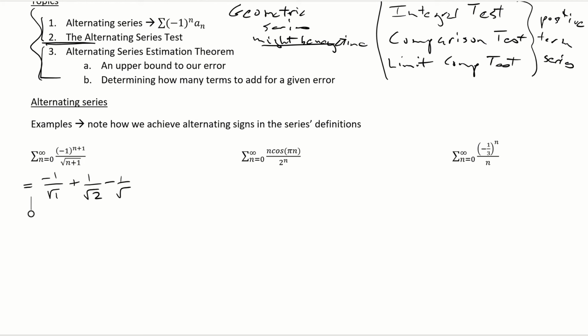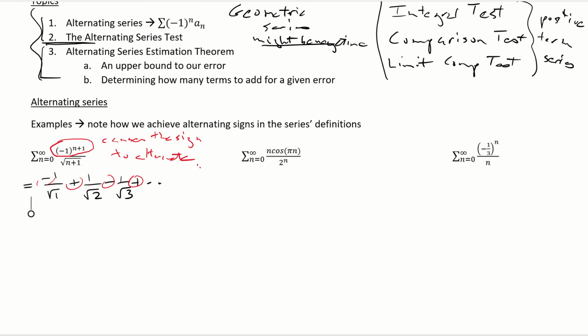Minus 1 over the square root of 3, plus, see how it alternates? The reason it alternates is pretty easy to see. It's the minus 1 to a power that causes the sign to alternate. Okay, that's what it looks like. So there's a negative in this case, a positive, a negative, a positive, and they just alternate in sign.